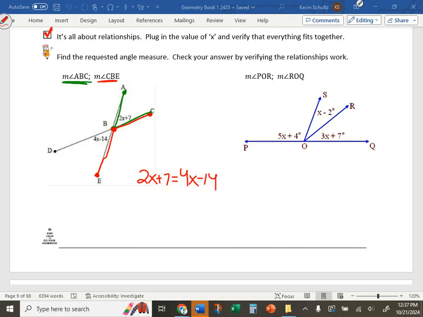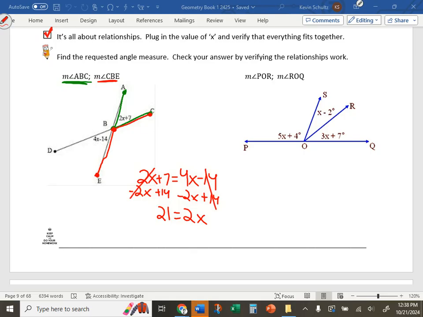And now we get to do a little bit of algebra. We can move our 2x over. We can move our 14 over. And we get 21 equals 2x. Over here, 2x minus 2x equals 0. Negative 14 plus 14 equals 0.